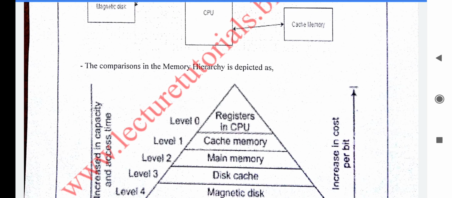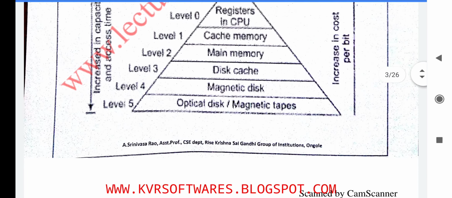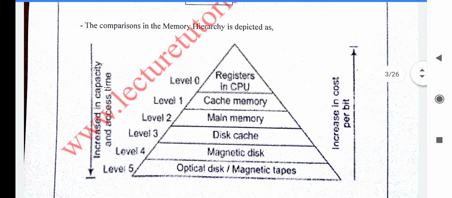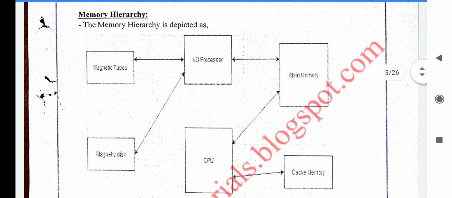See the comparison in the memory hierarchy. Here we have level 0, level 1, level 2, level 3, level 4, level 5. Magnetic tapes, which in olden days we had to use, then the input output processor, magnetic disks, then main memory.